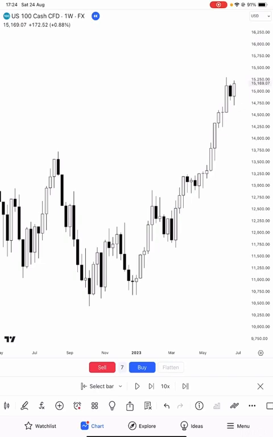And so how can we determine bias? Well, the definition of bias is: price is going up, it's a bullish bias, it's going down, a bearish bias. But not price in general. I like to think of bias in relation to a specific candle. So I want to develop a monthly bias if I want to trade a monthly candle, a weekly bias if I want to trade a weekly candle.